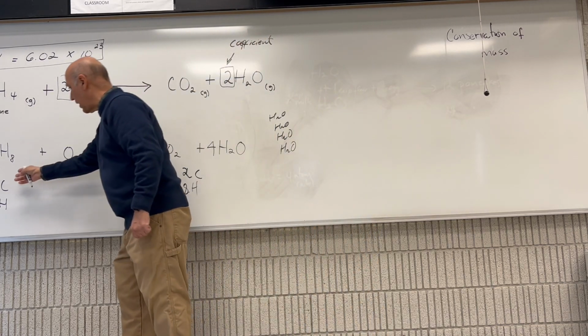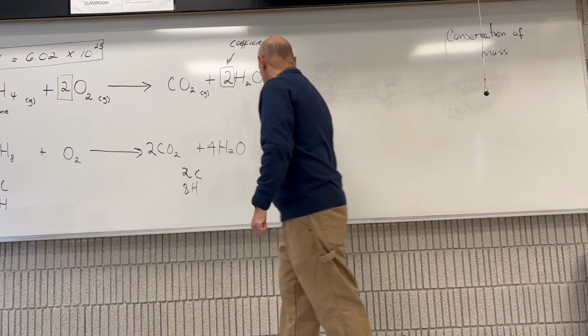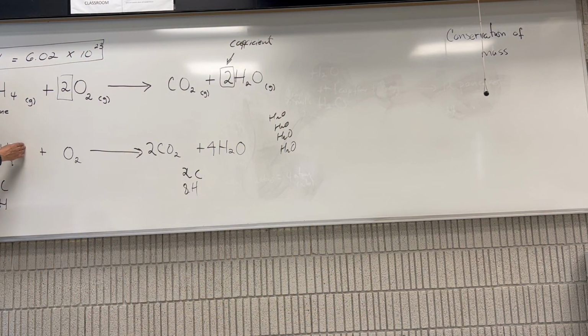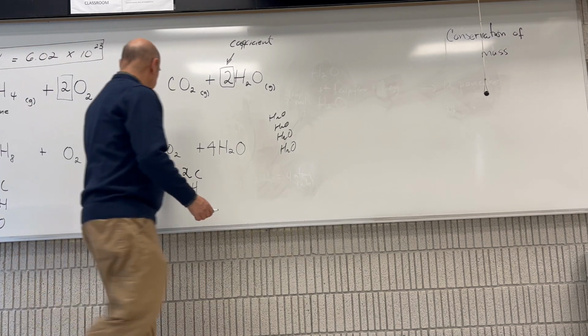We have also fixed the carbon because we did it first. Now we go to the next chemical. Carbon and hydrogen are balanced. We look at oxygen. We see a 2 in the subscript, indicating that there are 2 oxygens in 1 molecule of O2. How many do we have on the right?